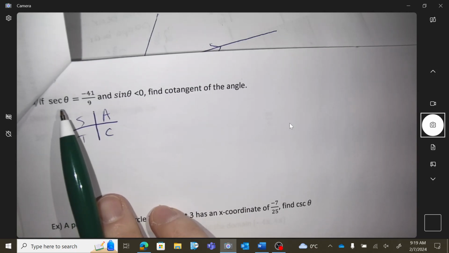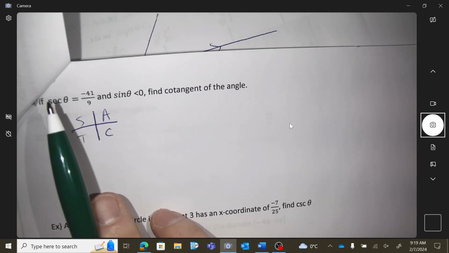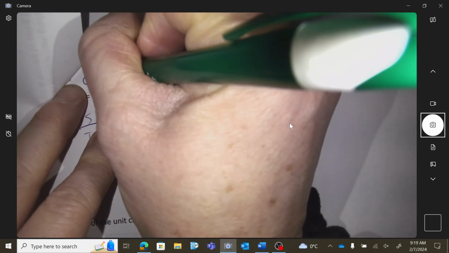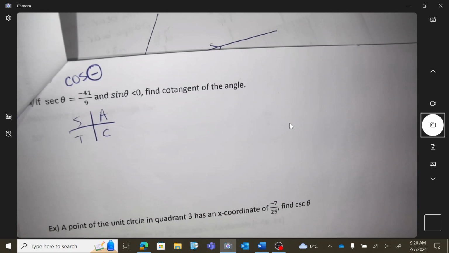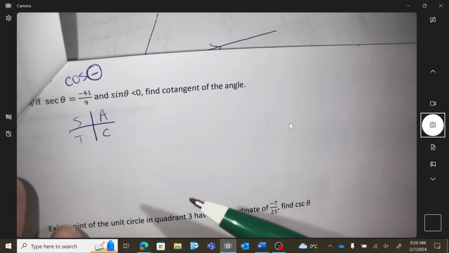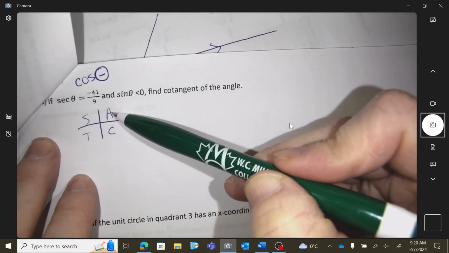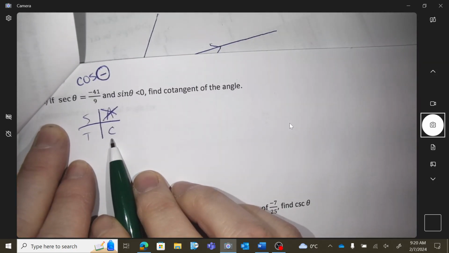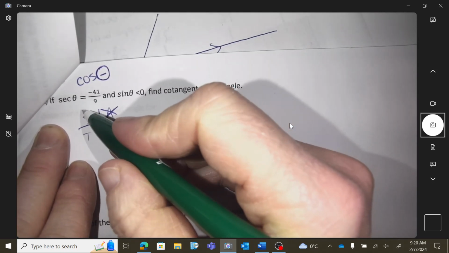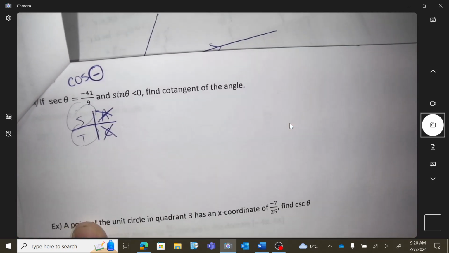Secant is the flip of which one? Cos. So really, I know that cos is going to be negative. Okay? Where is cos potentially negative? Which quadrants could it be negative in? All are positive here, so not that one. C is positive, so it could be in those ones. I don't know.